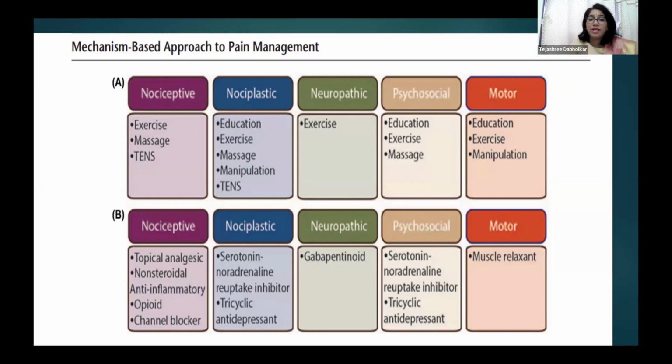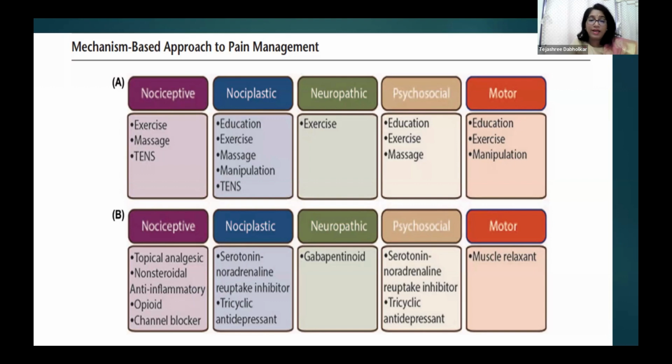Neuropathic pain, when it is there, many of the time in a neuropathic pain, exercises become a must priority. When it is psychosocial pain, patient education, exercises, and massage do help. When it is a motor pain, it is education, exercise, and manipulation that do help.